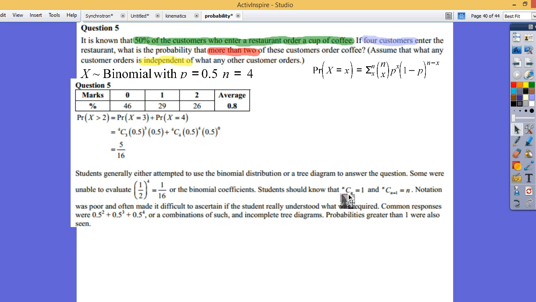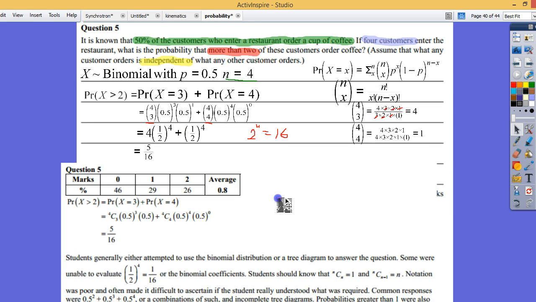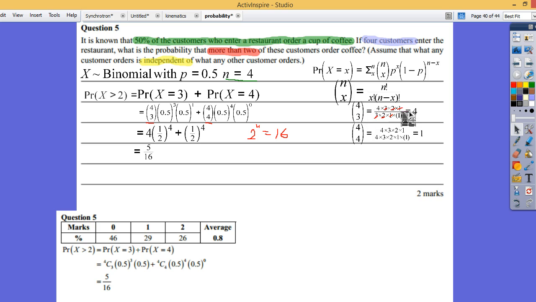Students should know that n combinations of n is equal to 1 and n combinations of n minus 1 is equal to n. There's some common facts that it's important to know and understand, and if you don't know and understand or can't remember them, then just being able to go through the processes and arrive at the answer is good enough.